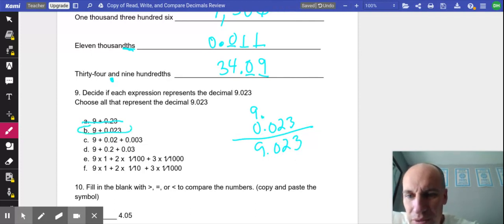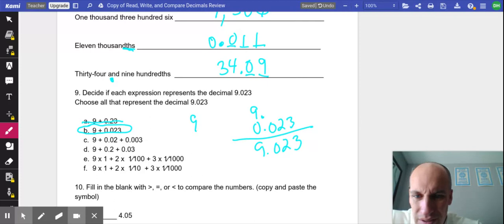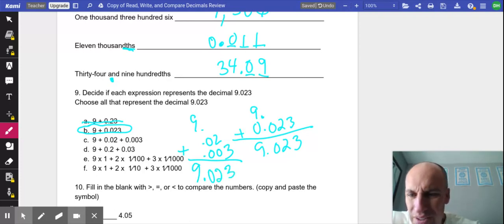So B is a good number. The same thing with letter C. If I added those together, 9 decimal 0 2 hundredths 3 thousandths, that would work. This one has a 2 in the tenths spot, so that's not going to be the same answer.